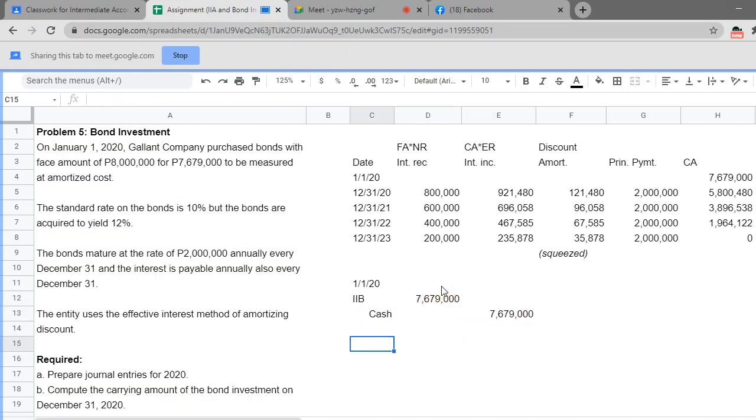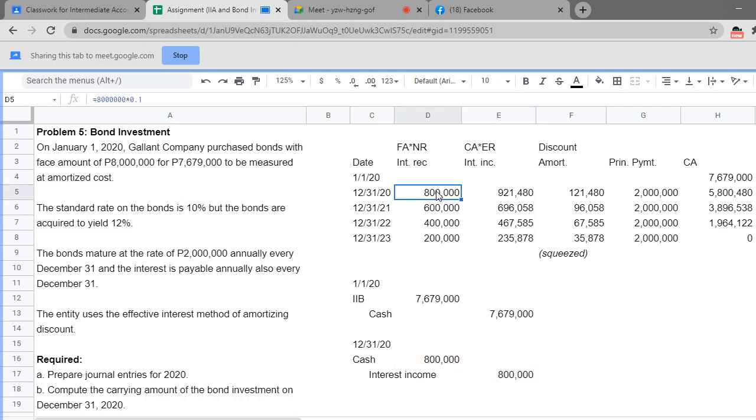And our next entry will be on December 31, 2020. And that would be our, wala na tay accrued. Nganong wala may accrued? Tingbayad man niya December 31. So, nakadawat yun tag cash. Hindi na siya accrued. So, cash, interest, income. And we have the 800,000 based sa ato ang table of amortization.